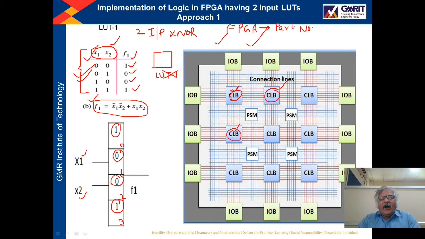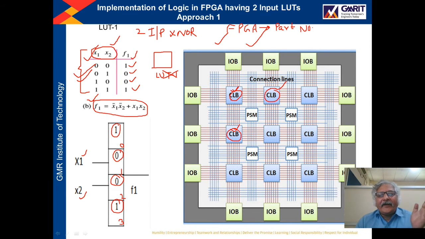After this synthesis we will use the place and route tool. The input to the place and route tool is the EDIF file generated by the synthesis tool. When the EDIF file passes through the place and route tool, a particular specific LUT will be allotted to implement my design.